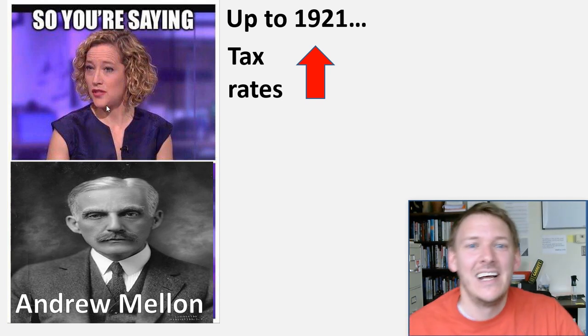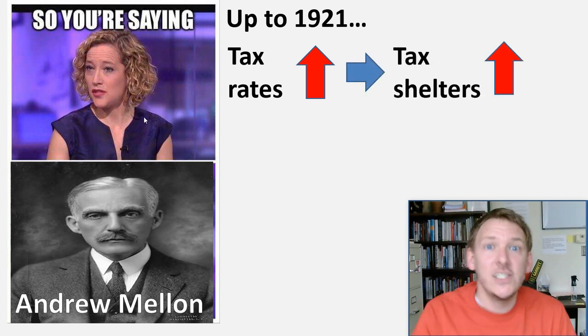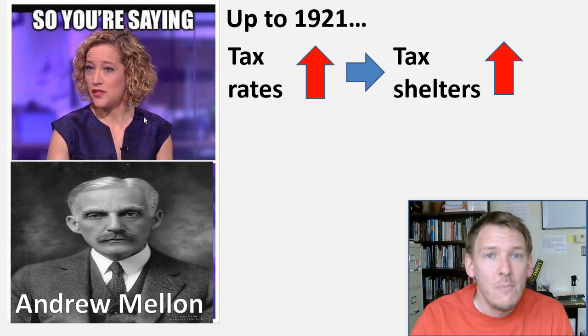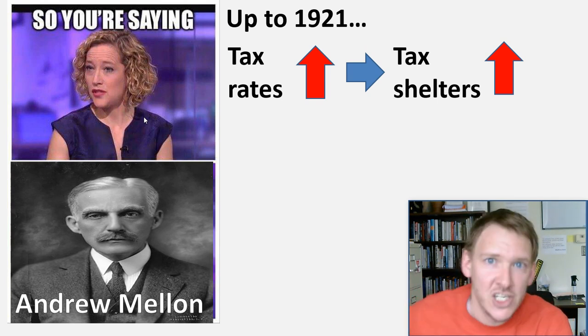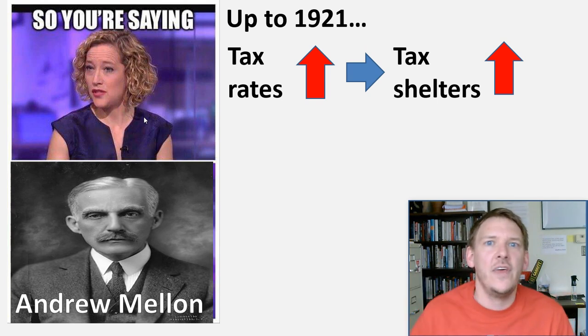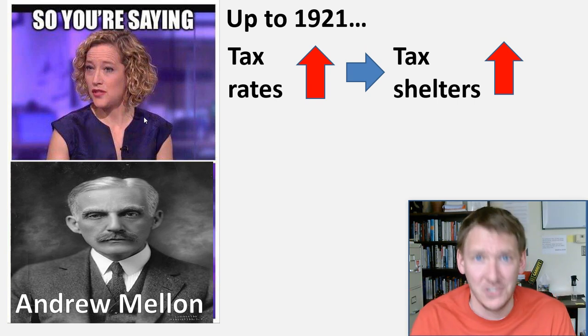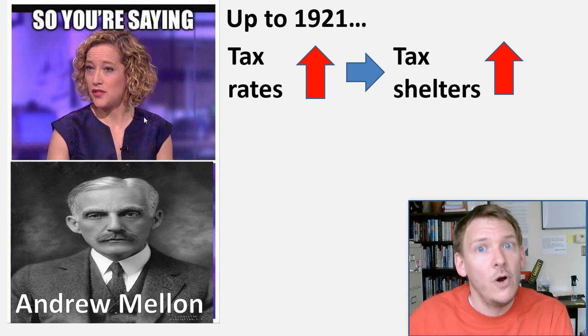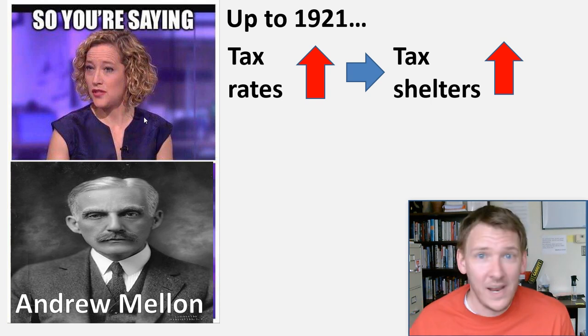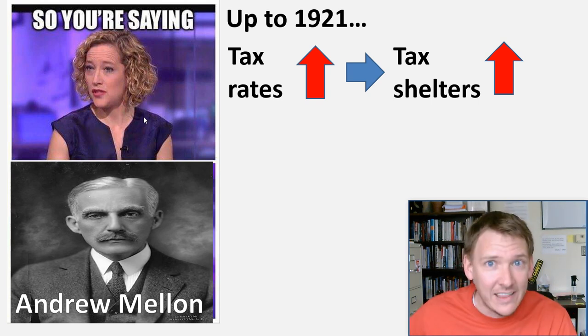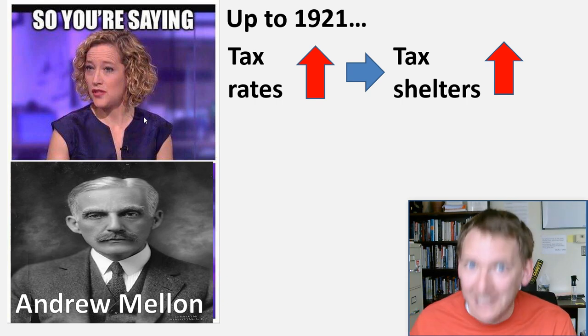What? They're too high. And so because they're so high, this is Mellon, the money is being hidden in tax shelters. Investors, the wealthy, are saying, hey, I'm not giving you 74%. I'm going to put it in legal municipal bonds where you have legally told me I can hide it. If you say legally I can hide it there away from you, I'm going to hide it away from you.